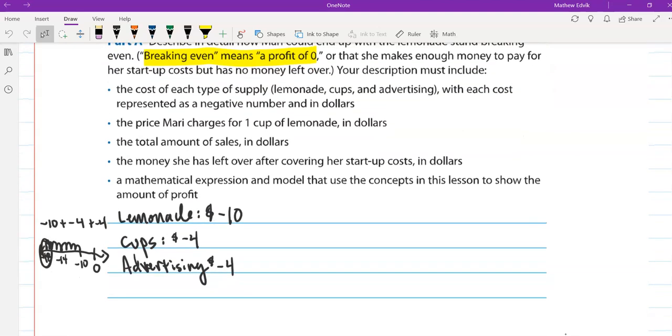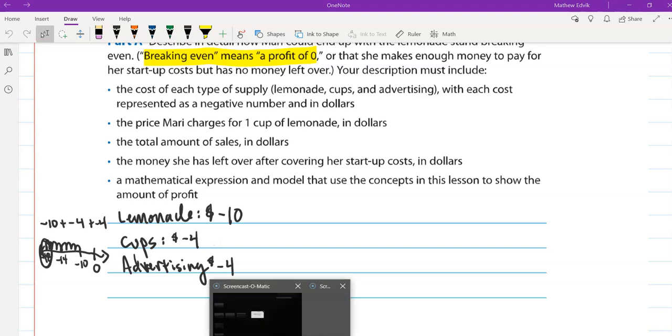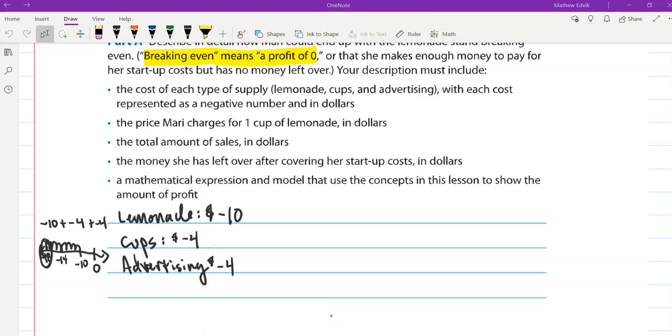And now, how much does she charge for a cup of lemonade? Go ahead and choose in your problem, how much should she charge for a cup of lemonade? I am going to choose to do $1.